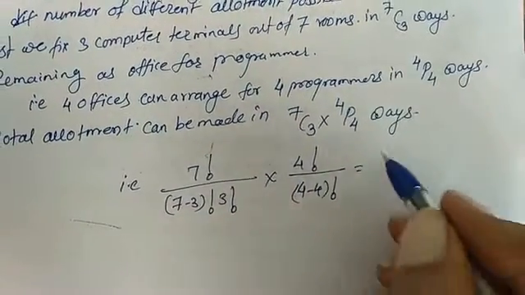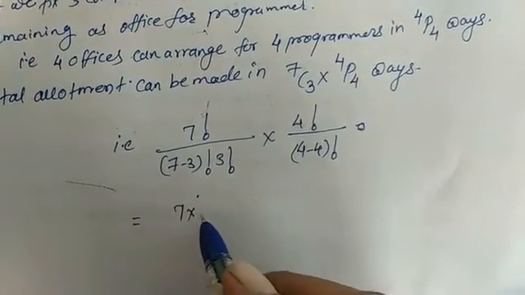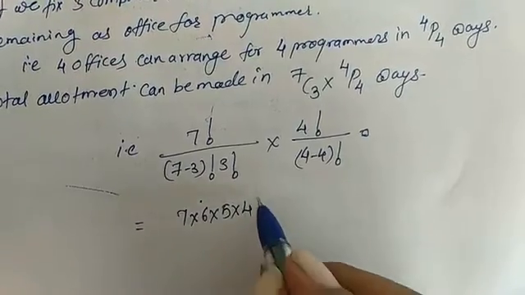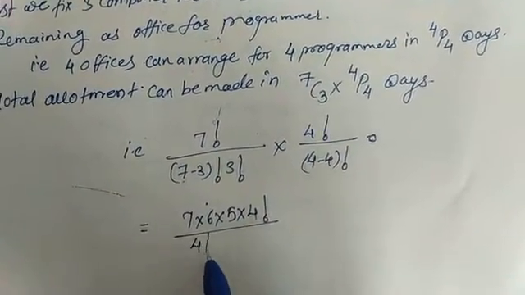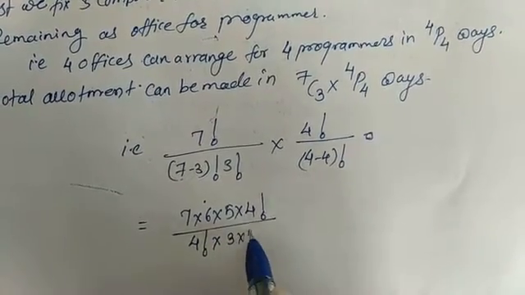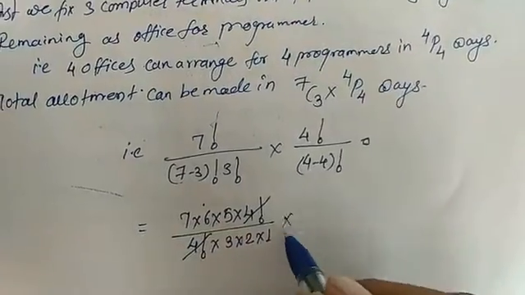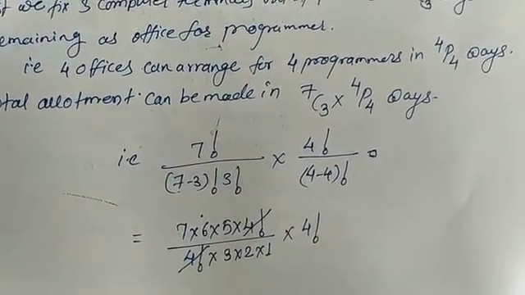Here 7 factorial is 7 into 6 into 5 into 4 factorial, divided by 4 factorial into 3 factorial, which is 3 into 2 into 1. Here 4 factorial gets cancelled, and 4 factorial upon 0 factorial gives us 4 factorial again.